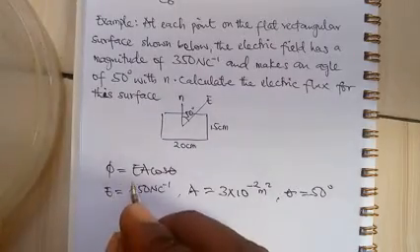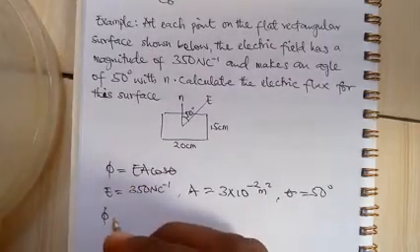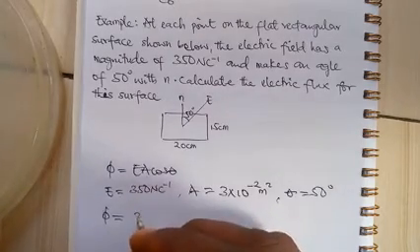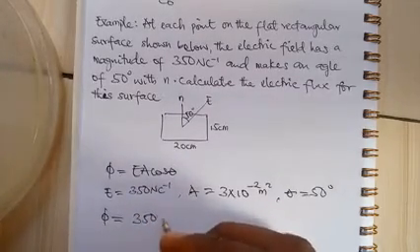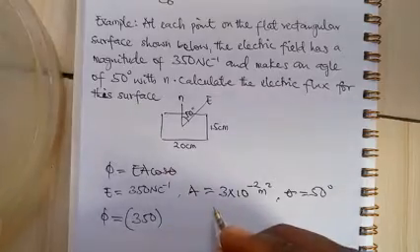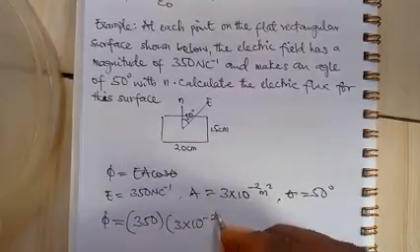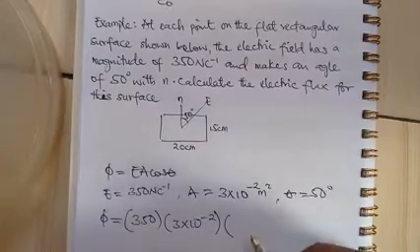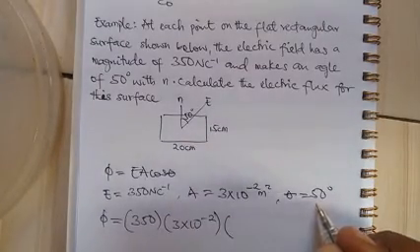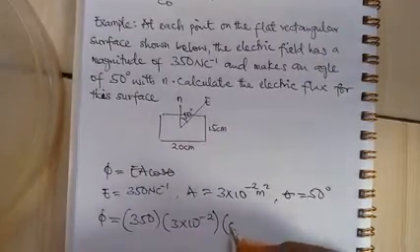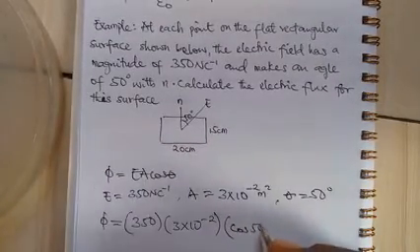All we need to do is to plug into the above equation. Phi is equal to E, which is 350, times the area, which is 3 times 10 raised to power minus 2 meter squared, times cos 50.